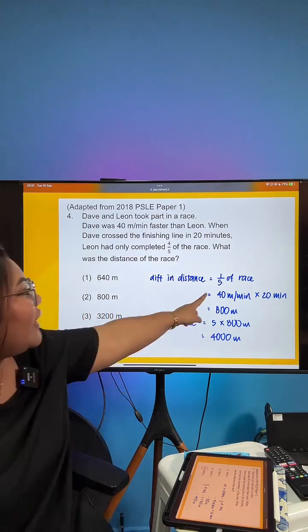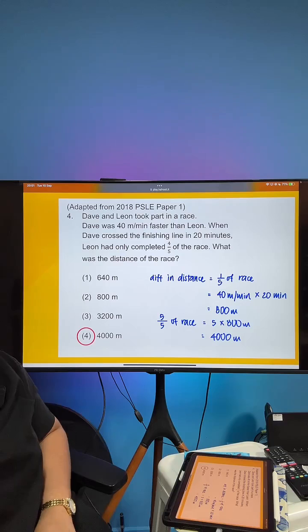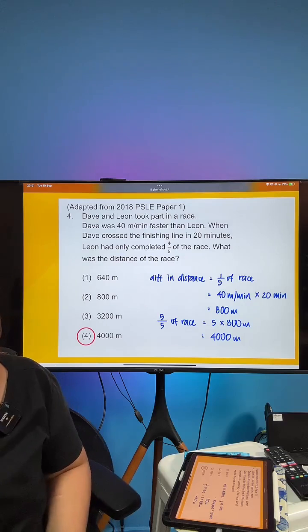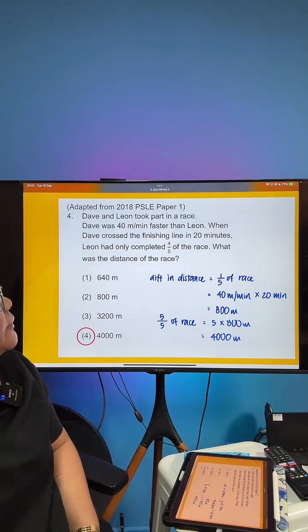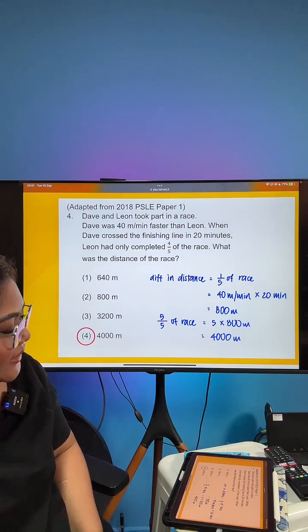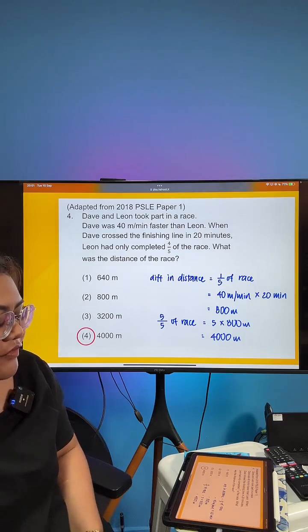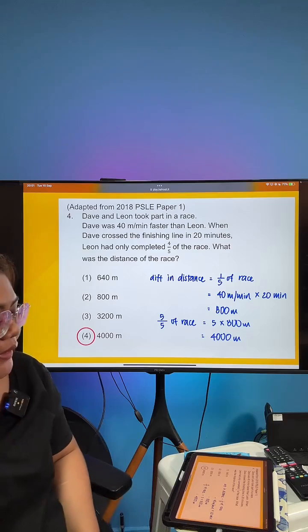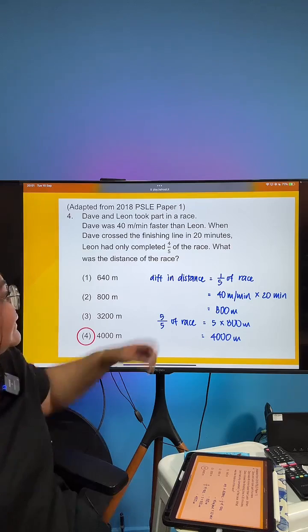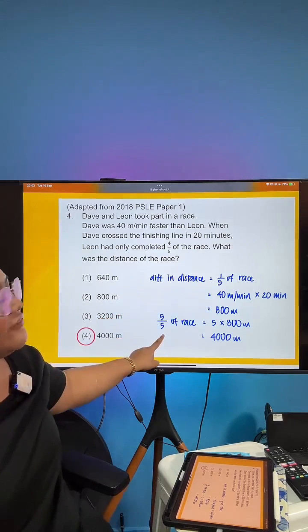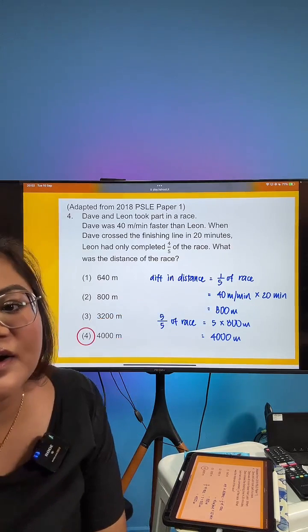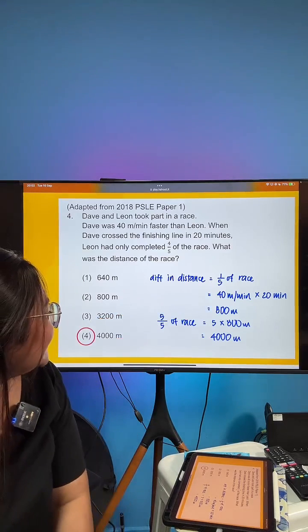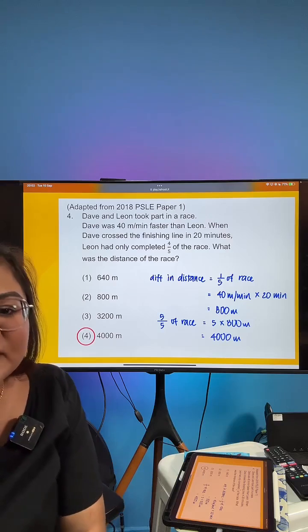And this 1/5 is taken by 40 meters per minute times 20 minutes, because Dave is 40 meters per minute faster than Leon. So when we take 40 meters per minute times 20 minutes, we'll get 800 meters. And this is only 1/5 of the race. We want to find 5 out of 5 of the race, so the answer here is 4000 meters.